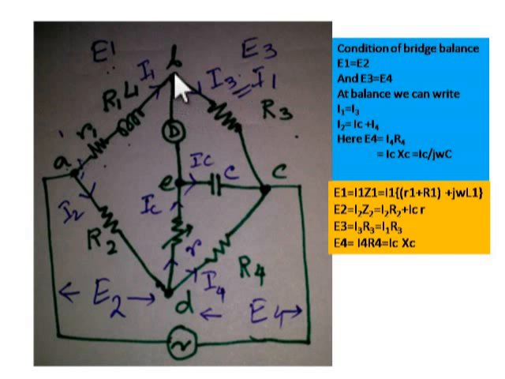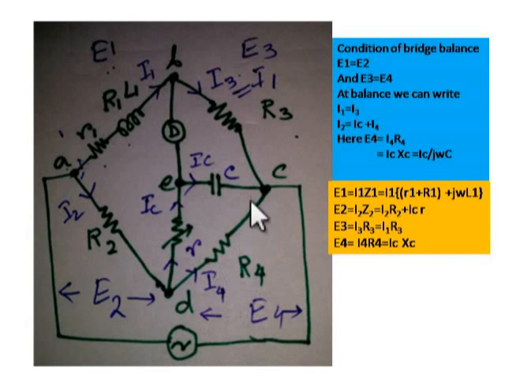So potential between B and C is E3. And the potential between D and C is E4. That means if I connect a voltmeter or multimeter across D and C, it is E4. And E4 is equal to this drop. What is Z4? It is R4. I4 R4 is E4.